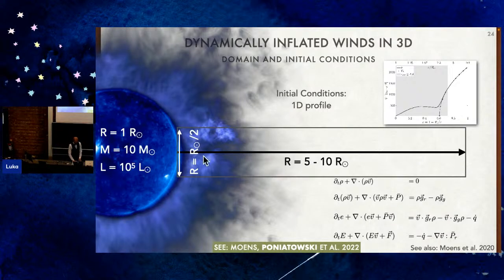We then construct a rectangular box starting from the surface of the star and going to a certain radius outwards. In this box, to start off, we take the results of a simpler 1D model to give so-called initial conditions from which we start.